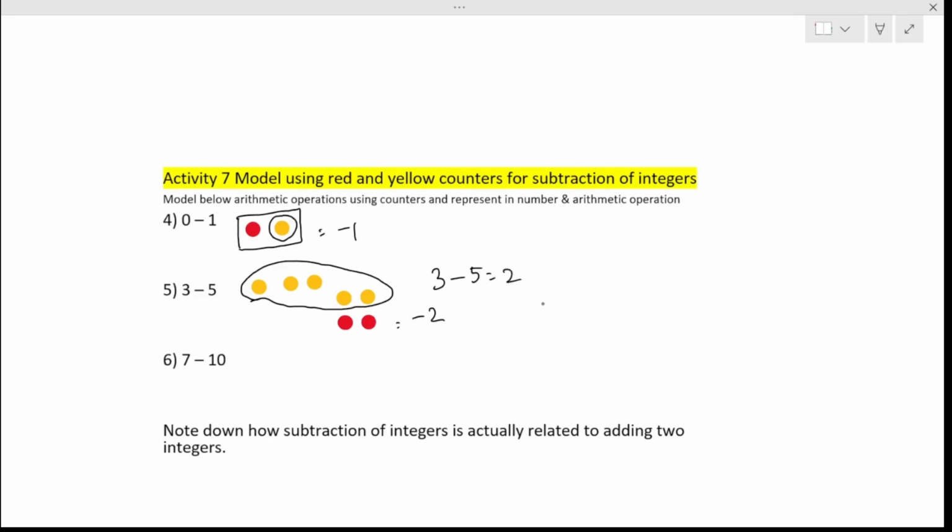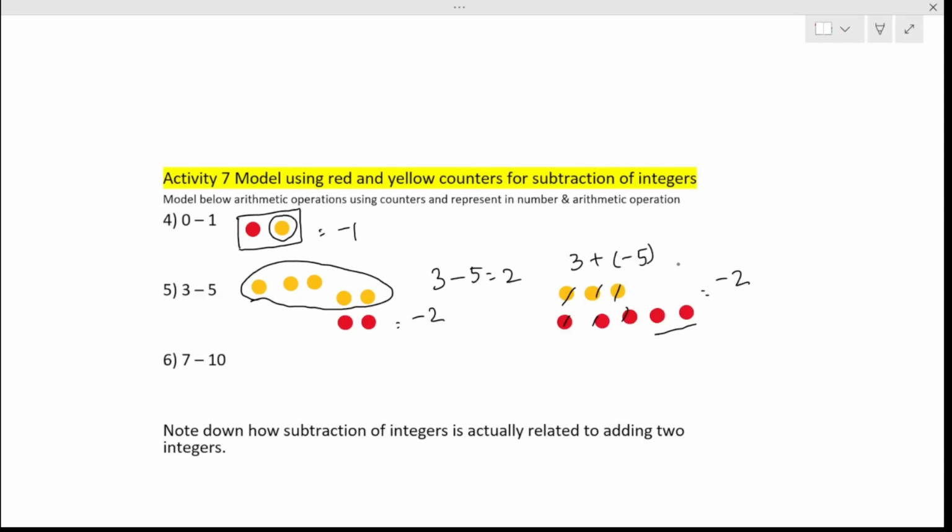So basically what did we do here is, if you think of it in the way of adding negative integers, like 3 plus minus 5, it will be very interesting to understand that you have 3 counters, and then you are adding negative 5 counters, 1 2 3 4 5, and here you go, these get cancelled and you have only 2 negative integers.